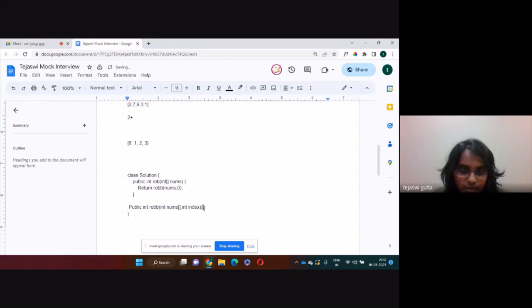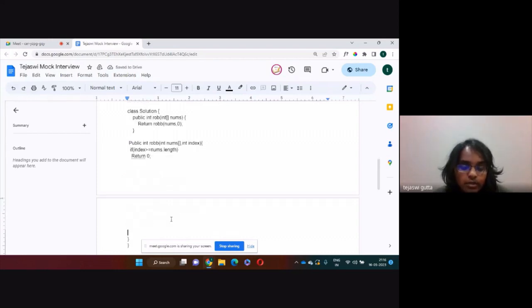So the base condition will be that if my index is greater than or equal to nums dot length, then I would simply return 0.